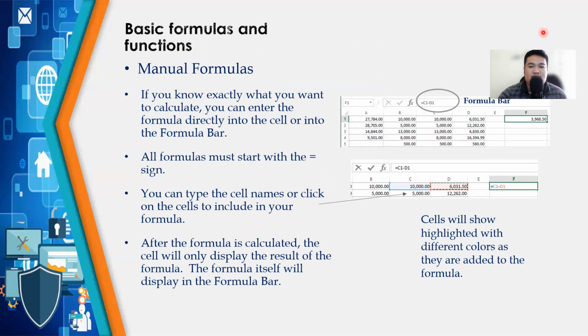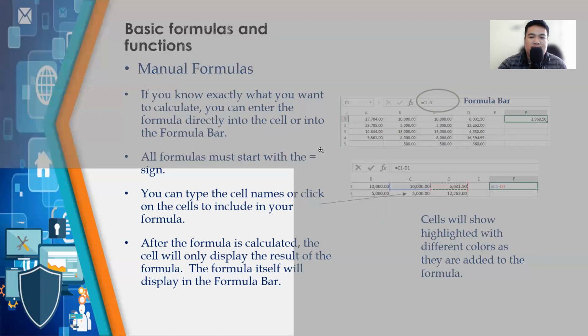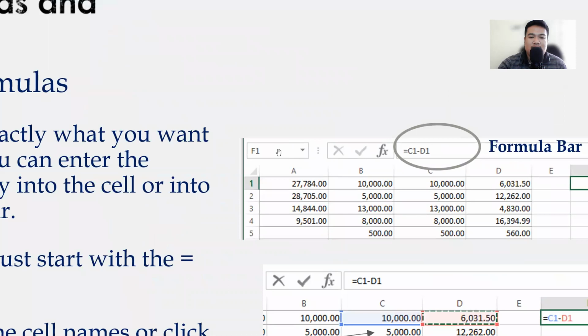If we try to remember the screen elements of Microsoft Excel, on this part is what we call the formula bar. Yung parang meron siyang FX na symbol. And then, just to refresh ourselves also, itong F1 dito, ito naman yung ating cell address or yung name box.